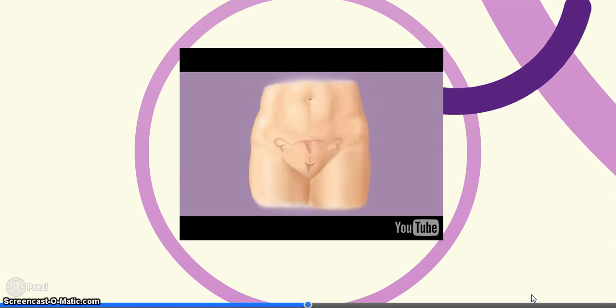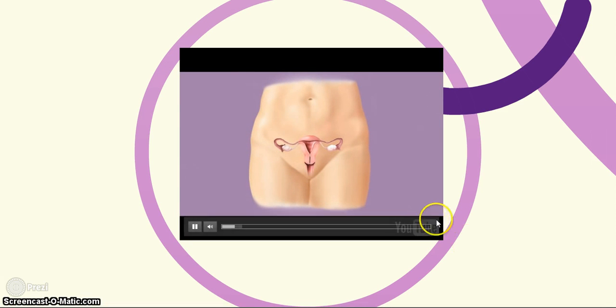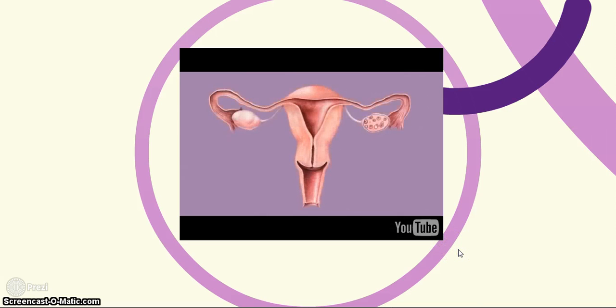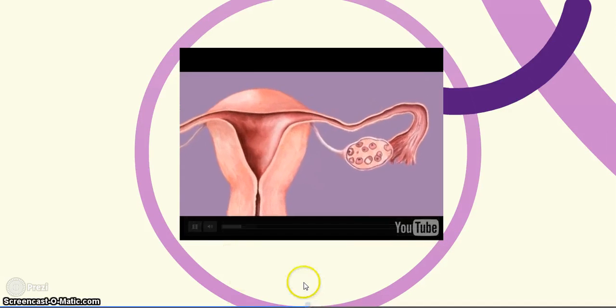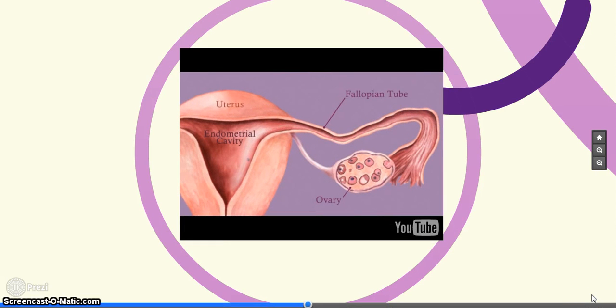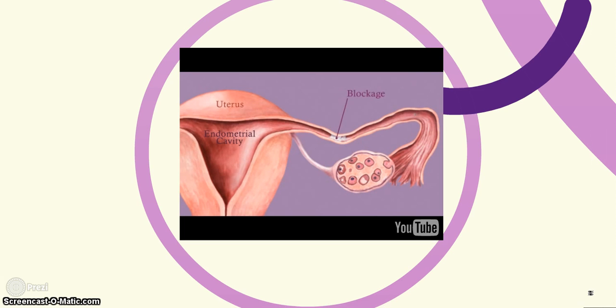The most common cause of infertility in women is a blockage or narrowing of one or both fallopian tubes. During fertilization, the egg travels from the ovary through the tube and into the endometrial cavity of the uterus. Conception cannot occur if a blockage prevents the egg from traveling its normal path through the fallopian tube and into the endometrial cavity.